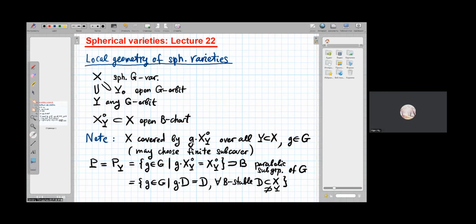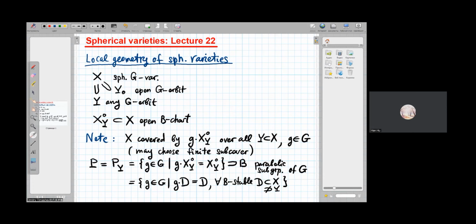Not every G orbit intersects X sub Y0. The point is that for any G orbit there exists a B chart intersecting it, just by definition. So we take the B charts and their shifts over all Y and all g. I hope it is clear now.